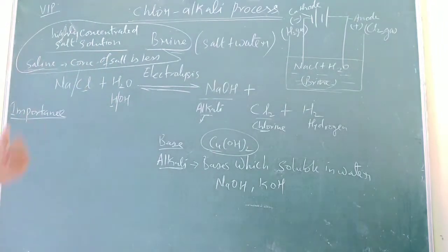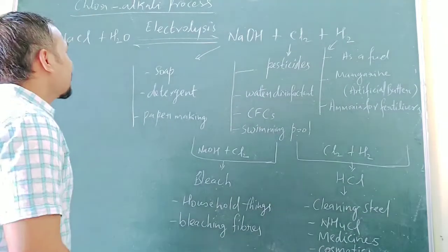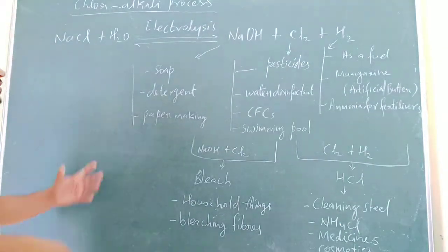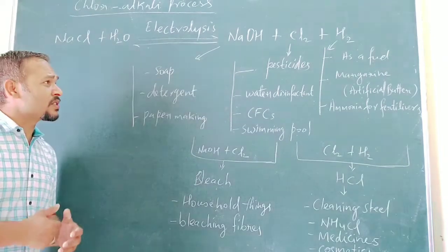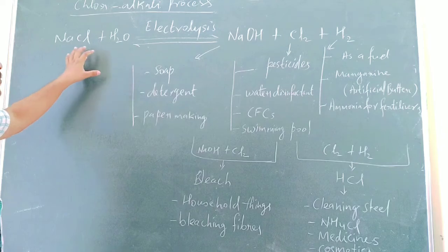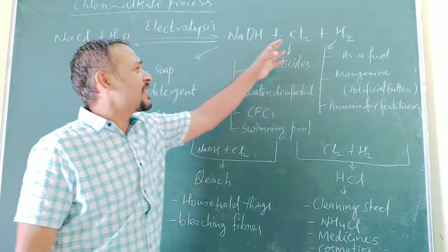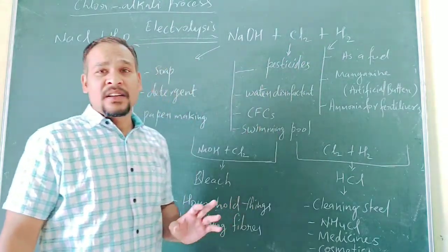Now, coming to the importance of chlor-alkali process. When we do electrolysis of sodium chloride and water, we get these products: sodium hydroxide, chlorine and hydrogen.